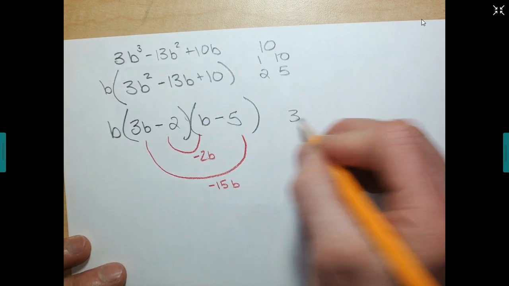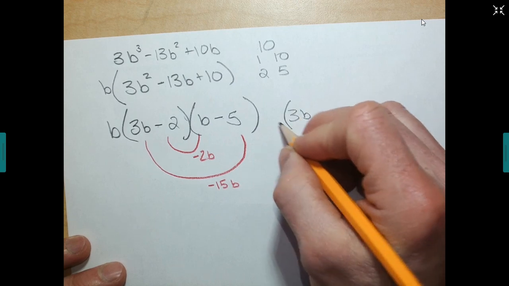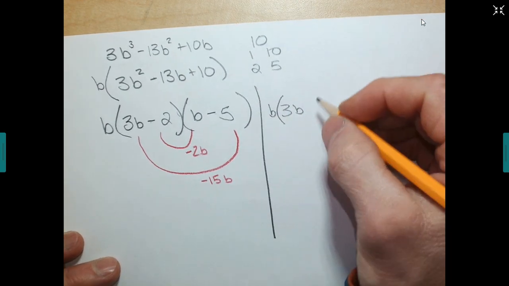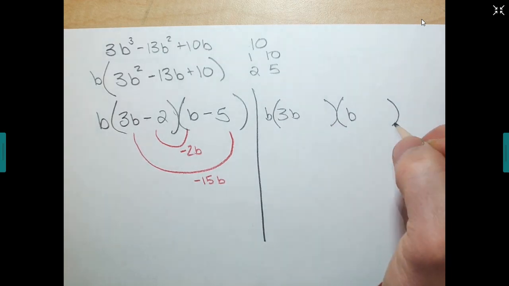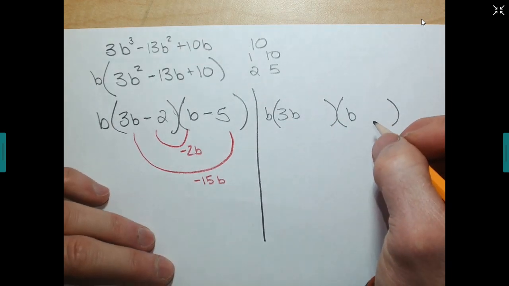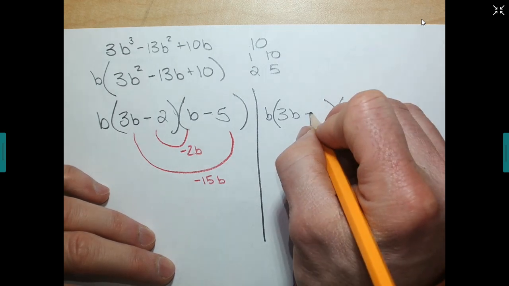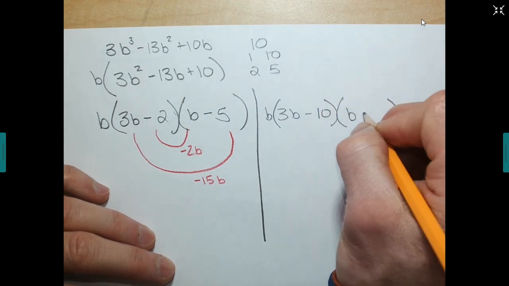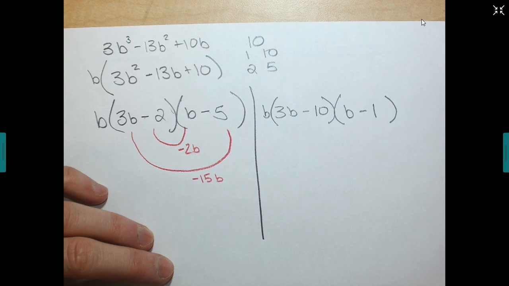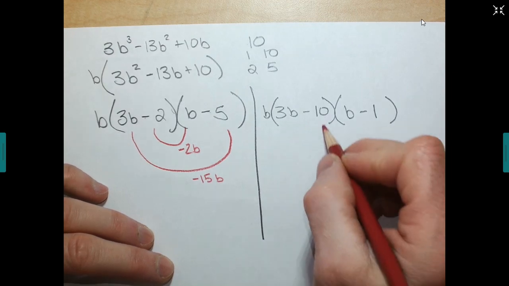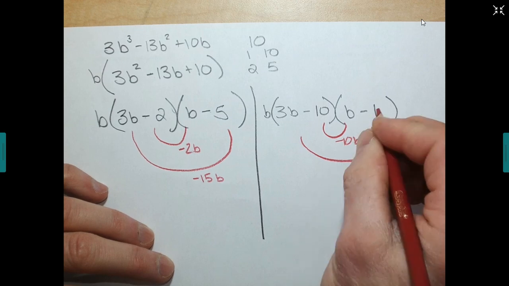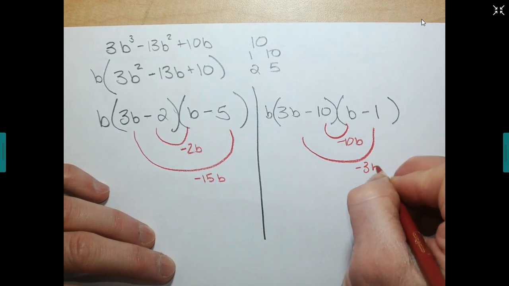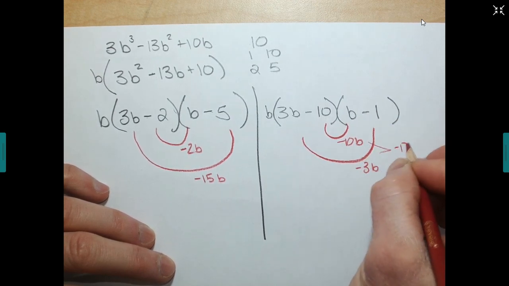So how about, so this is the real deal. This is guessing and checking, my friends. Okay, so how about negative 10, negative 1? So that's negative 10b, negative 3b, negative 13b.